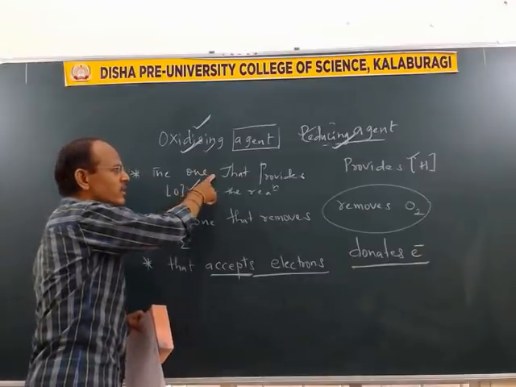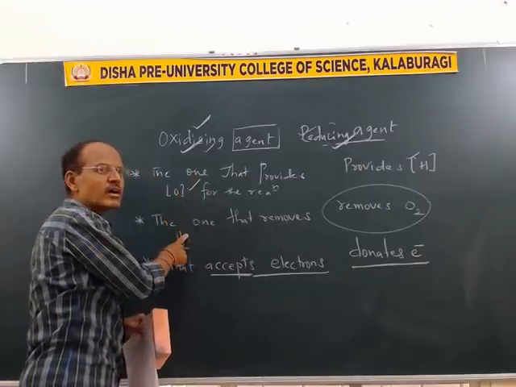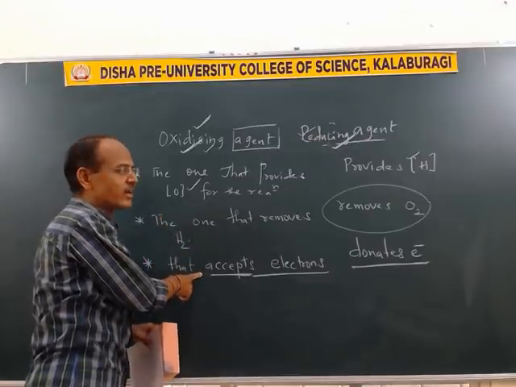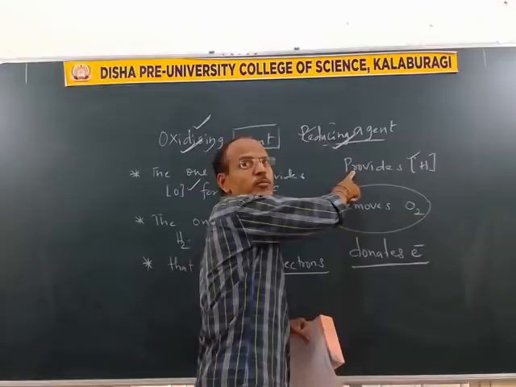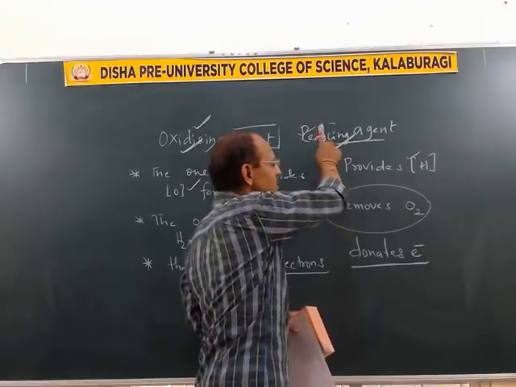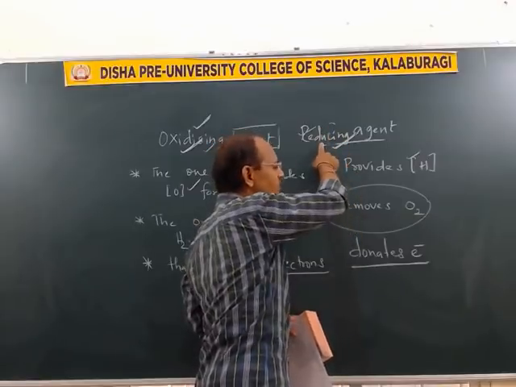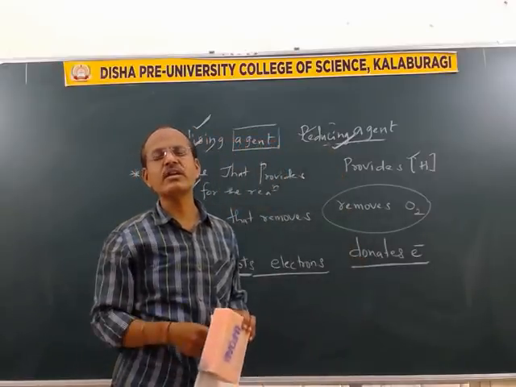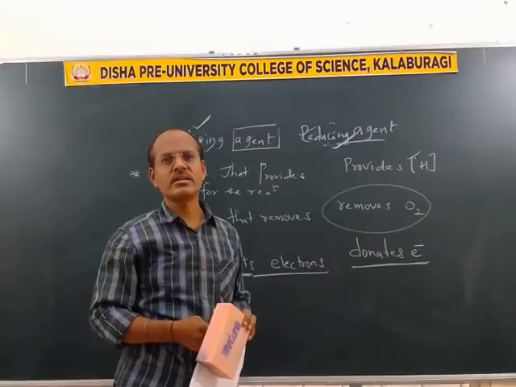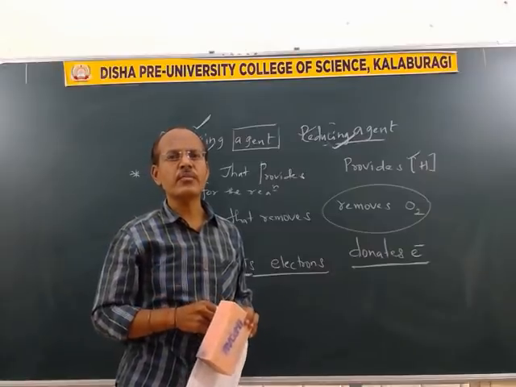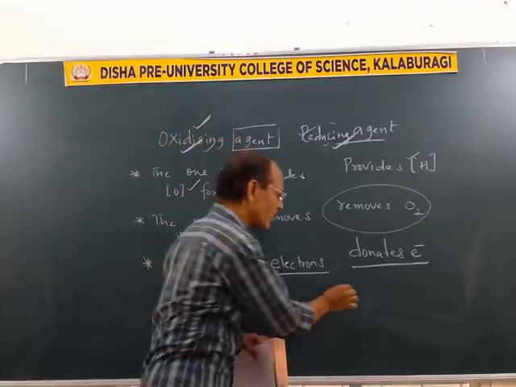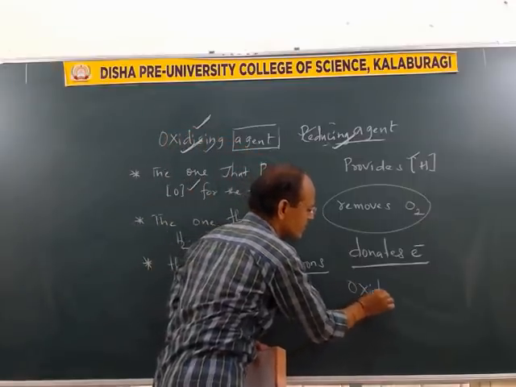Nascent oxygen, the one that provides; hydrogen, the one that removes; and the one that accepts the electrons are oxidizing agents. The one that provides the hydrogen, the one that removes the oxygen, the one that donates the electron is nothing but a reducing agent. Try to remember this. Reducing agent is always oxidized.